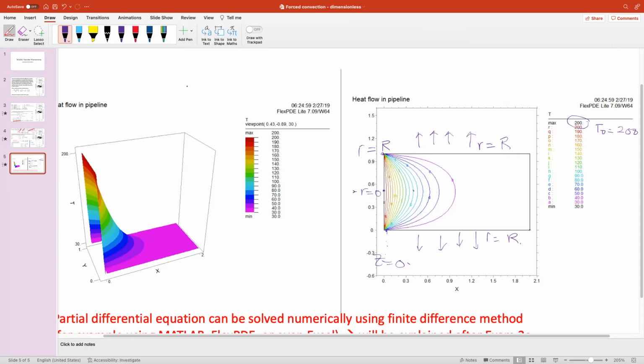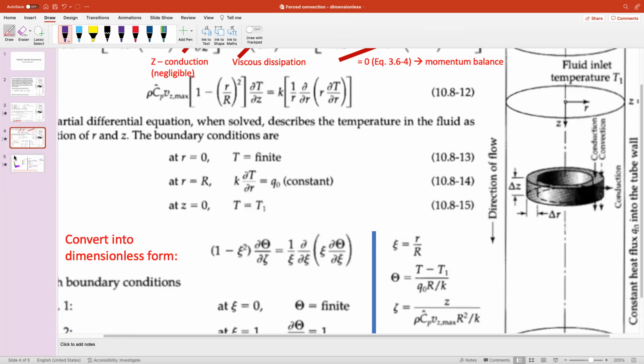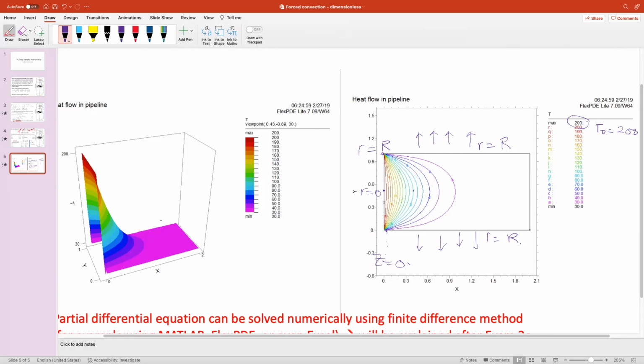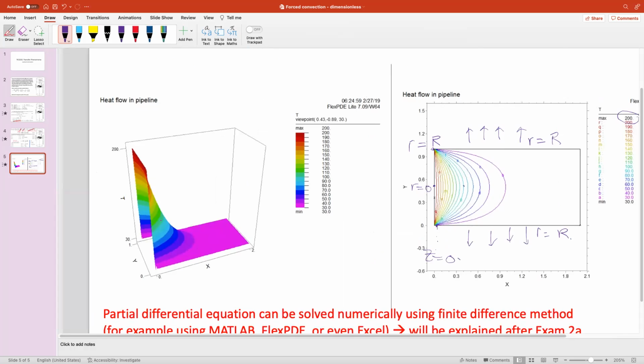The second one here, we can see what happened if we try to draw with three dimensions. In this three dimension here, we have three coordinates. On that side is the x, or in this case the z direction. So this would be when z equal to 0. On the middle, to that side and that side would be the r direction.